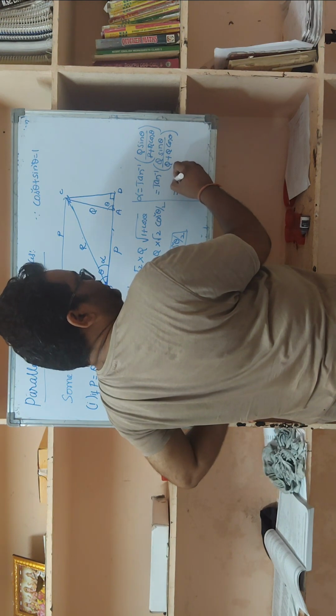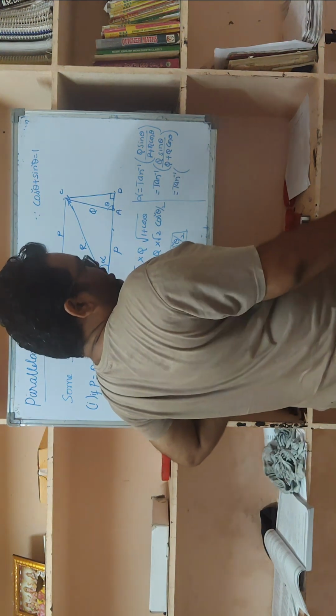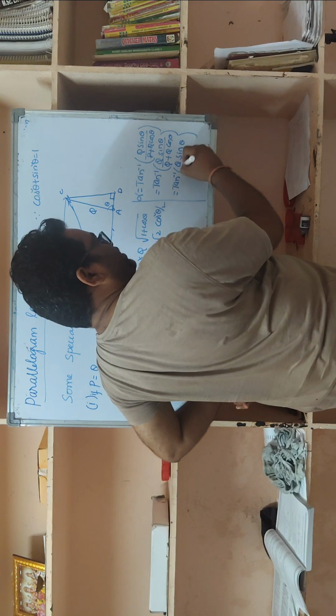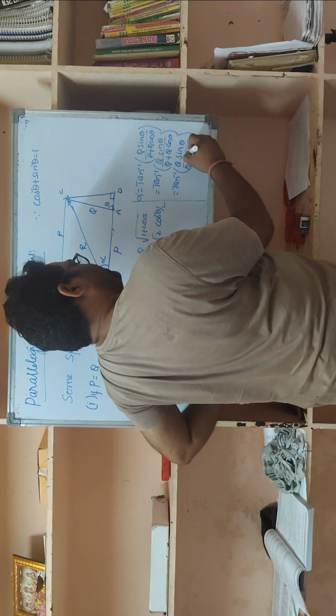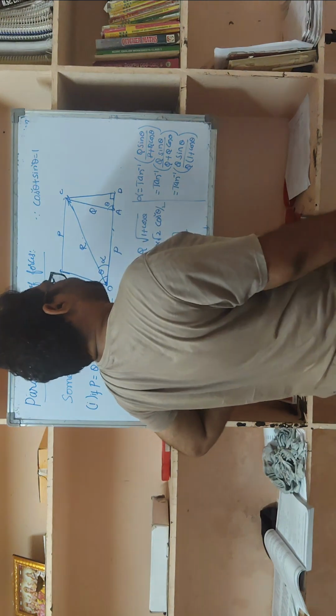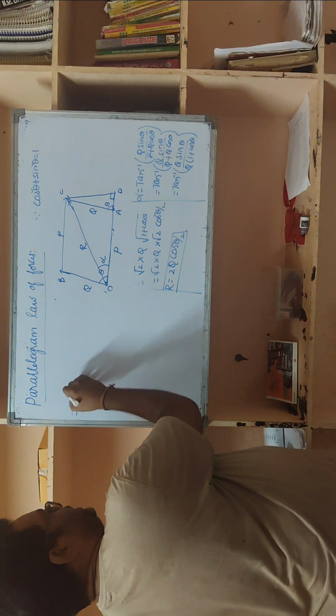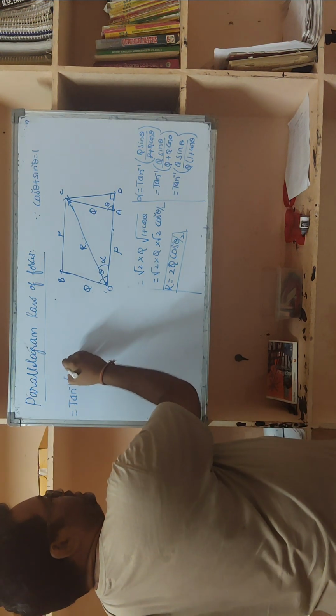Now if you take Q as common, we get tan inverse of Q sin theta by Q into 1 plus cos theta.